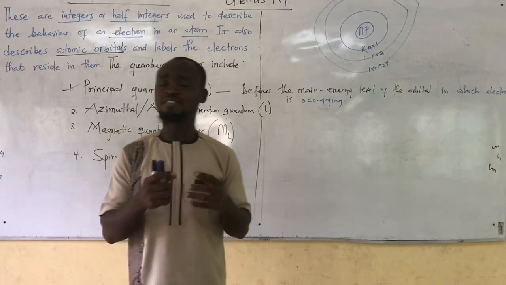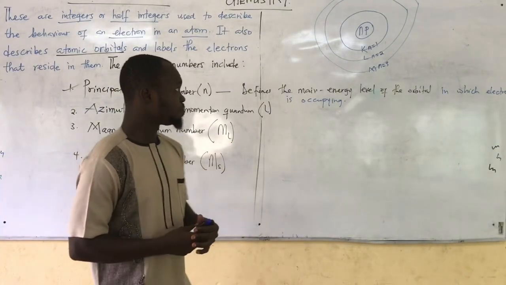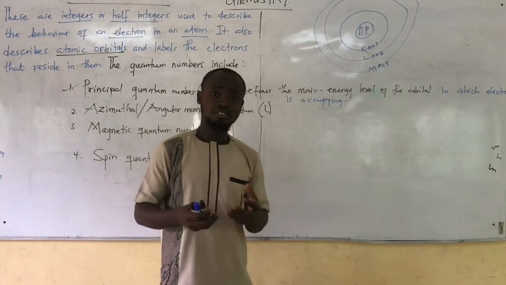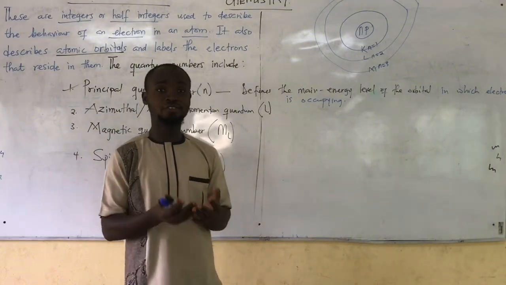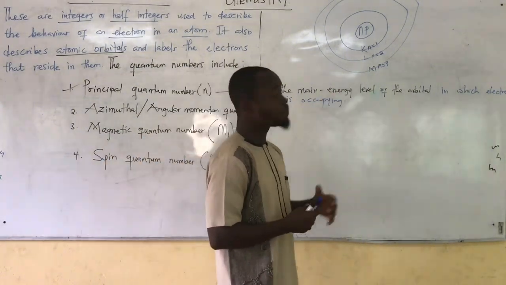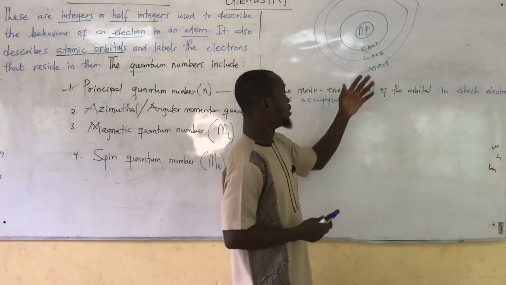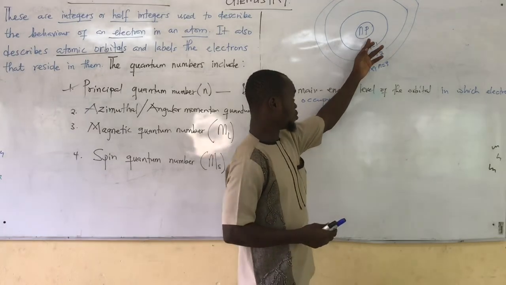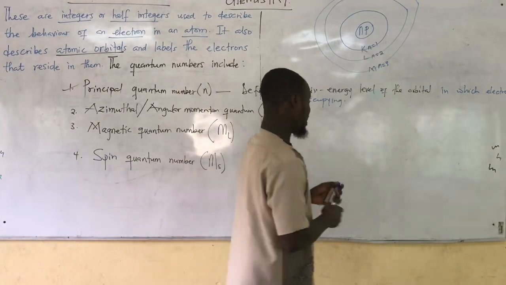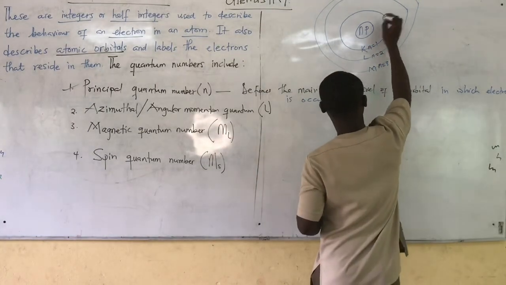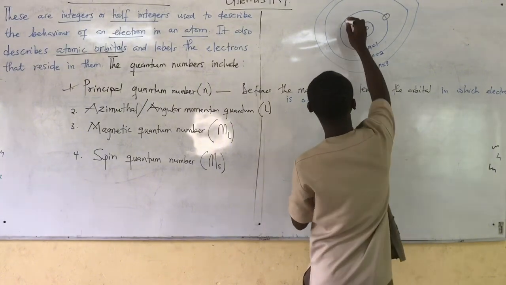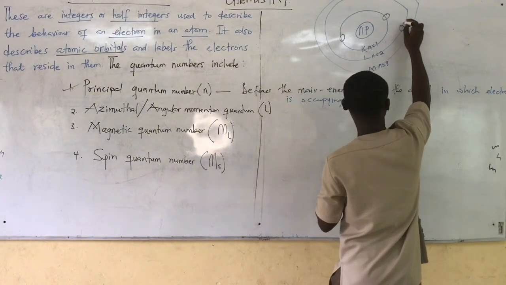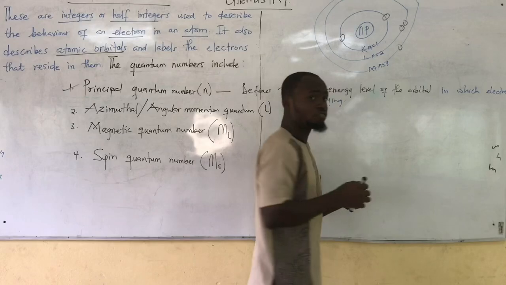But before we analyze the second one, the question is, from the basis of the modern structure of the atom, anytime we draw the atomic structure, as I have on the board here, I have my neutrons and protons making up the nucleus. Then we locate electrons on the shells.